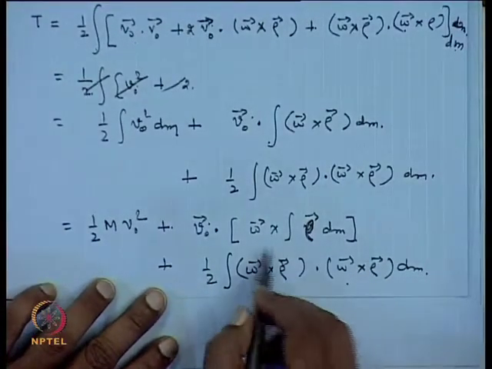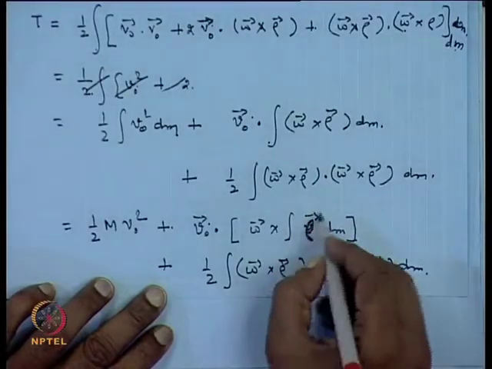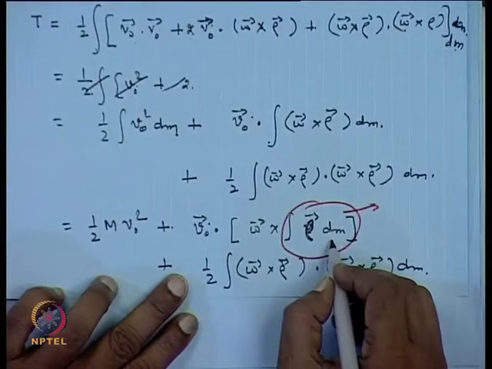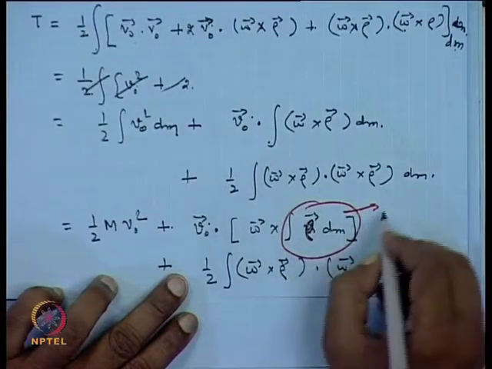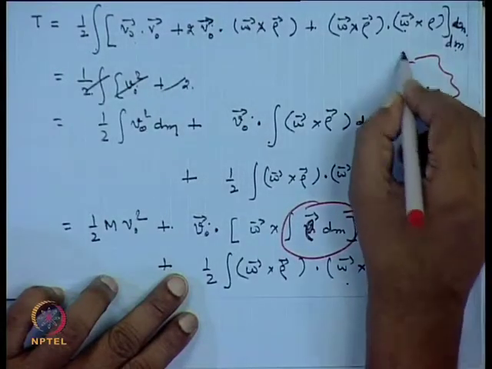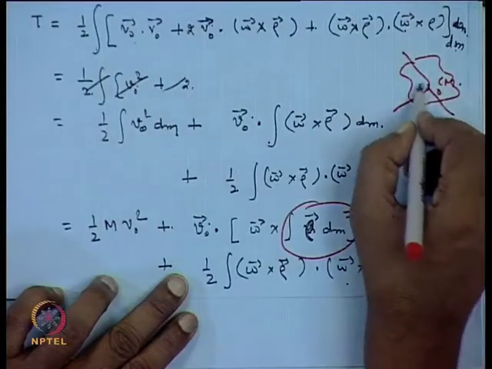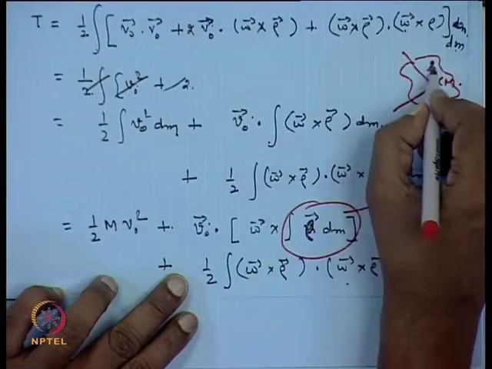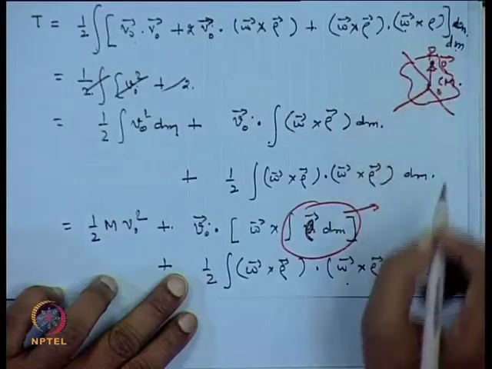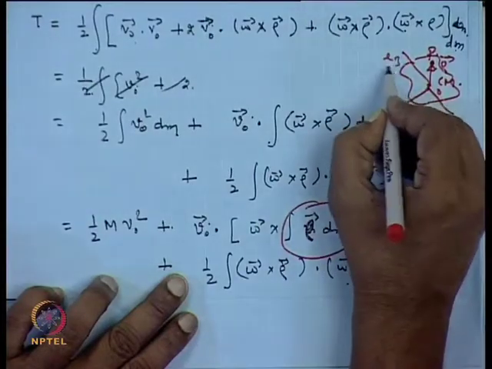This can be expanded, and you can look at the quantity rho dm. Because we are taking the point O to be the center of mass and rho is being measured from the center of mass, we have the body here and this is the point O, the center of mass, and rho is the radius vector of any point P that we chose earlier in our last lecture.